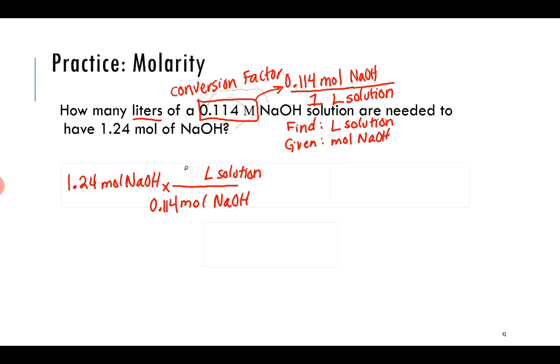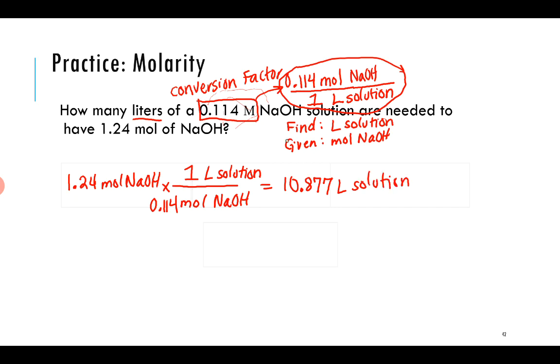That's my moles, and that's my 1 liter. I am just looking at the conversion factor that I came up with earlier. Then I can type that into my calculator: 1.24 divided by 0.114, and that is 10.877 liters of solution.